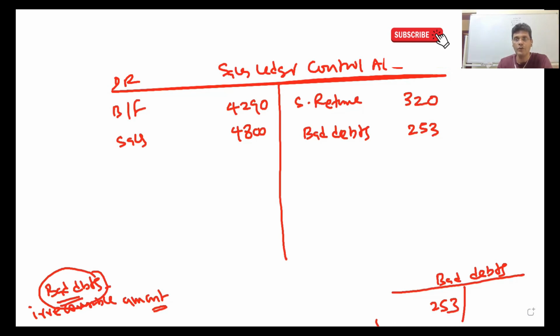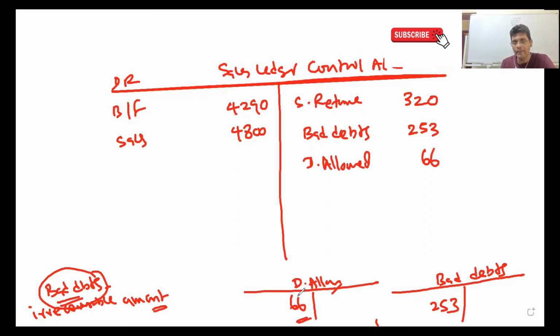So the 25 should be credited as discount allowed here, and the discount allowed account should be debited. The amount is 66. So for discount allowed, you credit the sales ledger control account and debit the discount allowed account.